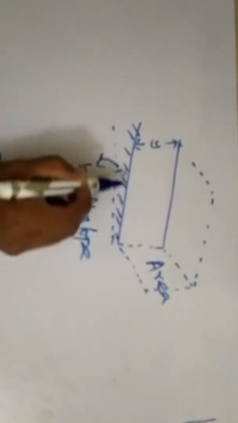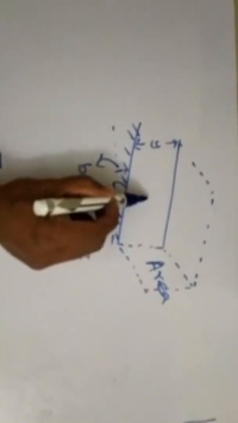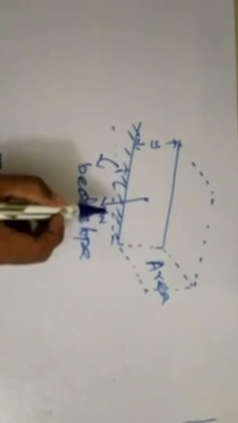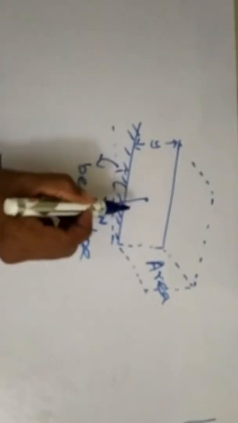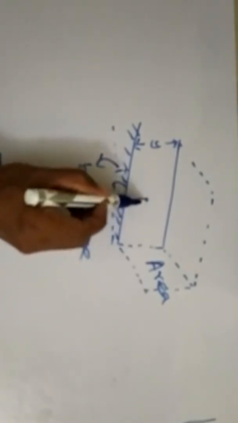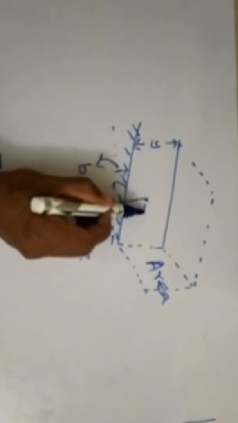Now here we have two forces. First, we know the weight of this object acts towards gravity.